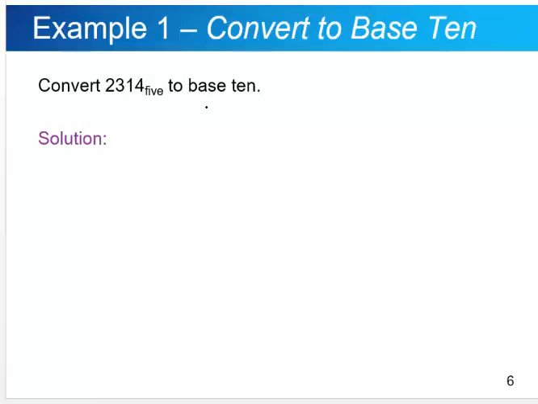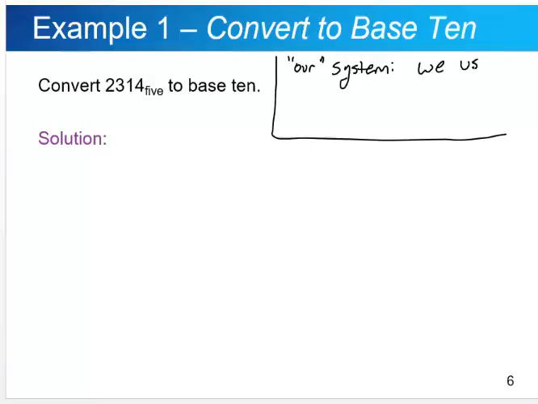Hello, so in this mini lecture we're going to convert between base 10 and other bases, as well as other bases to base 10. For starters, let's note that in our system we use base 10, meaning all of our place values are powers of 10.